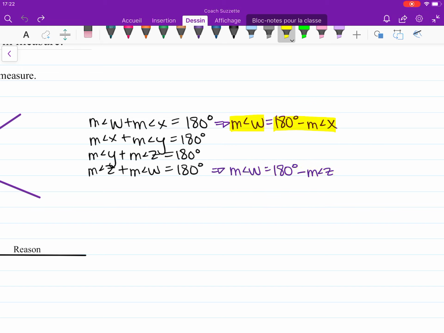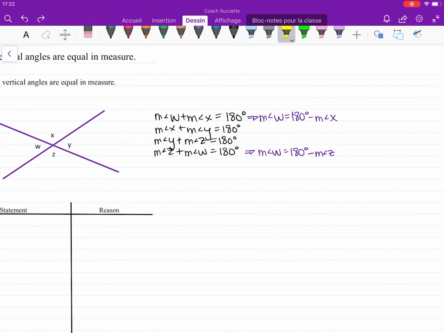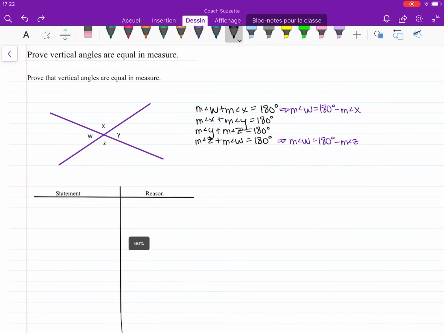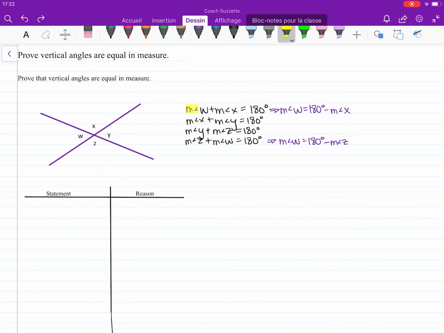That's what transitivity tells us. Okay, so hold on. How about we use these to start off our proof?